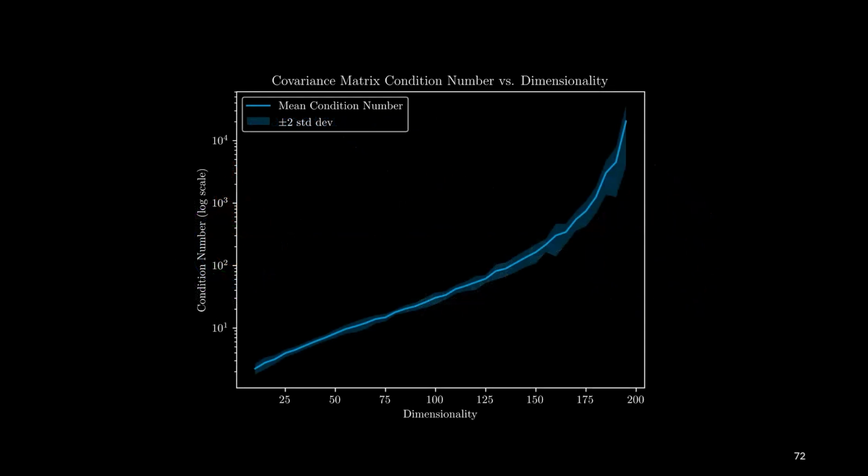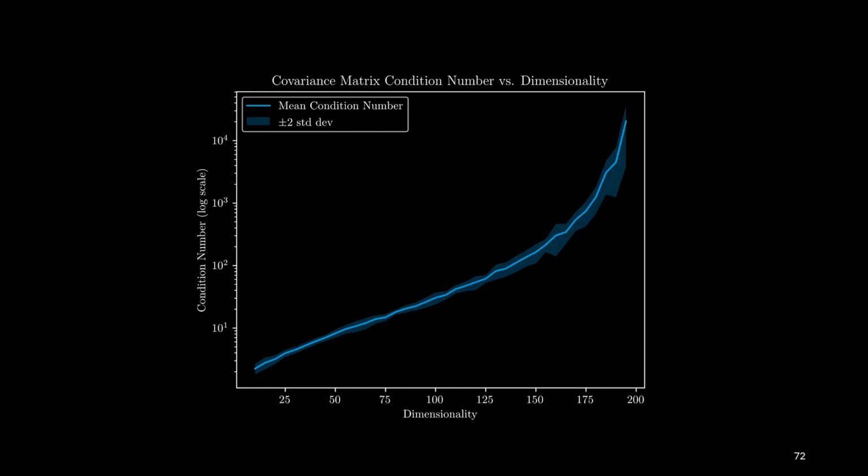To illustrate why this is a difficult thing to do in high dimensions, I performed this quick little experiment where I draw 200 samples in dimensions ranging from 10 up to 200. I fit an empirical covariance matrix on this data, and then I report the condition number of that covariance matrix. The condition number is related to the invertibility of your matrix.